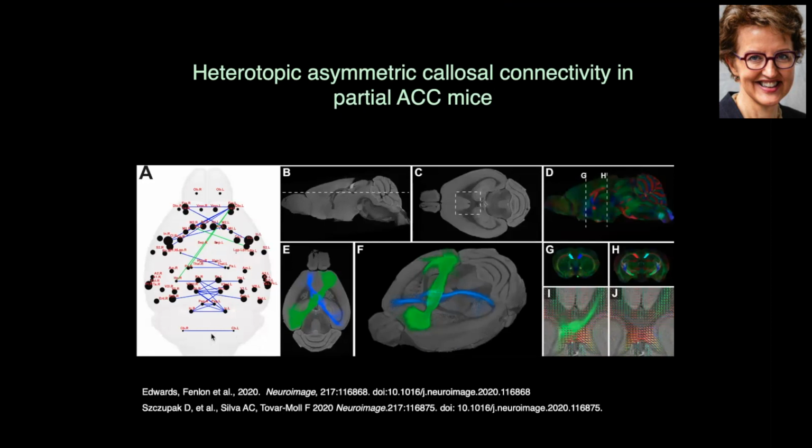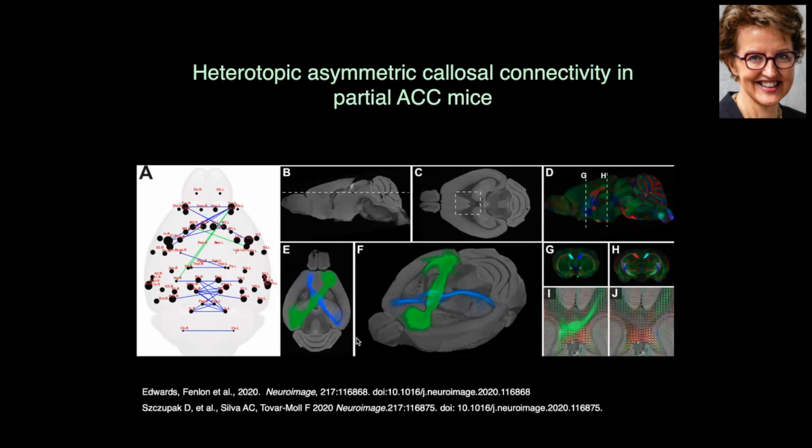And what he found was that, in fact, mice also display this sigmoid bundle, this ectopic bundle from the right hemisphere, the frontal lobe, to the left occipital lobe here. And interestingly, just like in the humans, this bundle is very asymmetric, so much bigger going one way than going the other way.